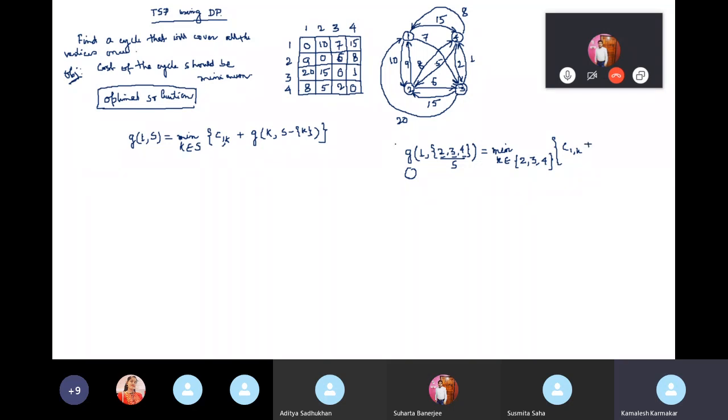Now plus this function, g of what? G of the next vertex, if you choose vertex 2 as the next vertex which you are going to visit. Here you have to start from 2. So if it's vertex k, then the next path selection will be starting from vertex k and it will be S minus k.